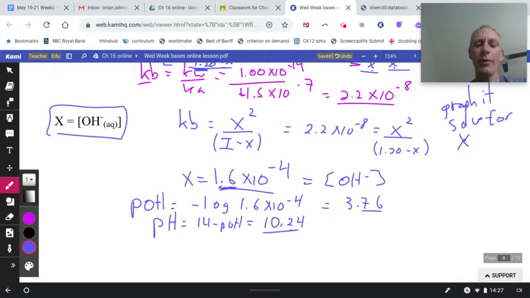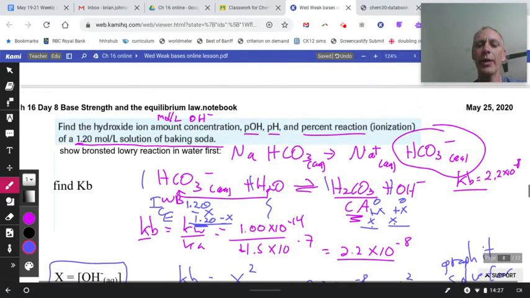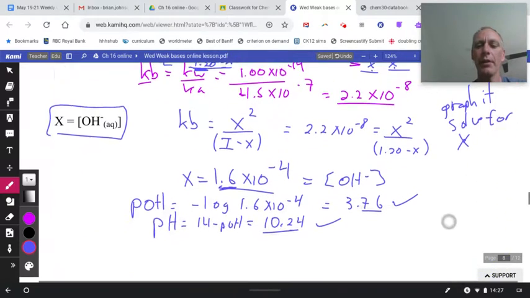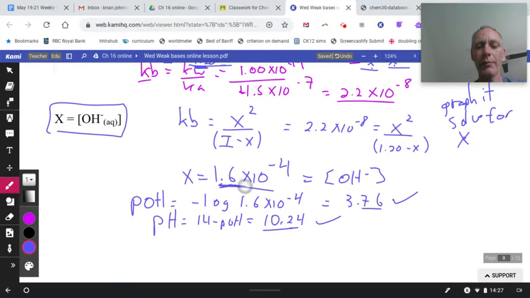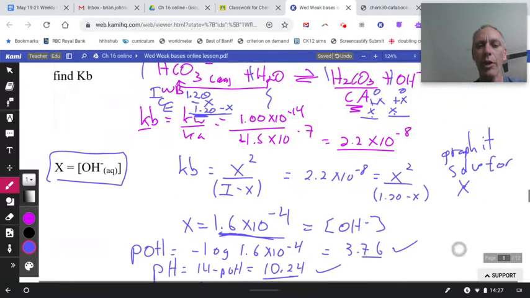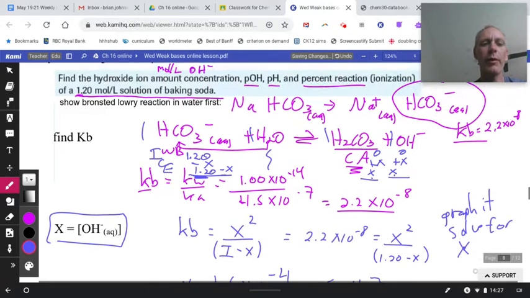Okay, pOH, pH. And then the last one, which we haven't done for a while, was percent reaction. Okay, so we produced 1.6 times 10 to the minus 4 as our concentration of hydroxide. So what is our percent reaction? So we made 1.6 times 10 to the minus 4 moles per liter out of a possible, we started off with 1.2.